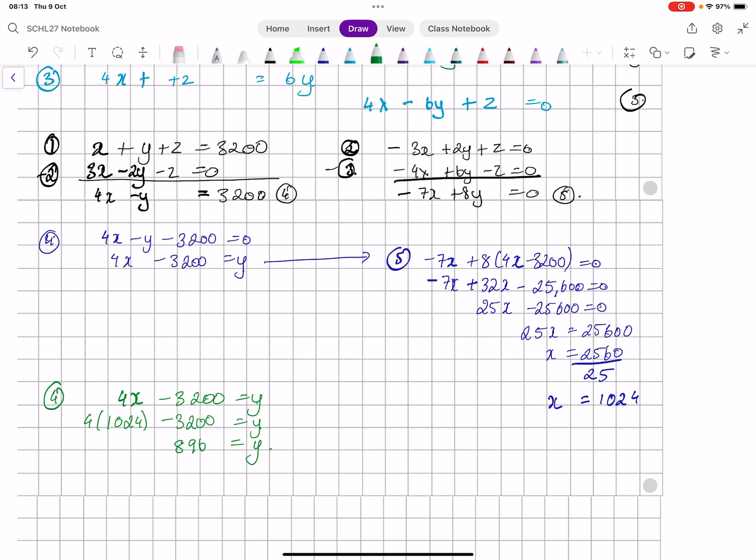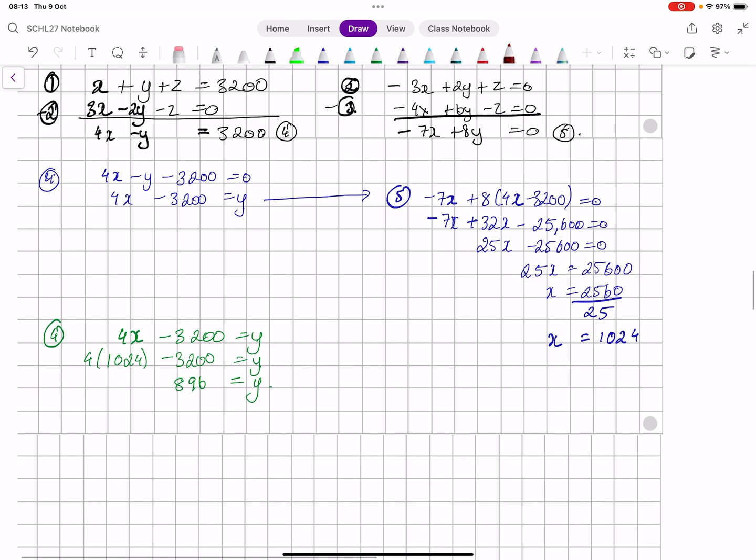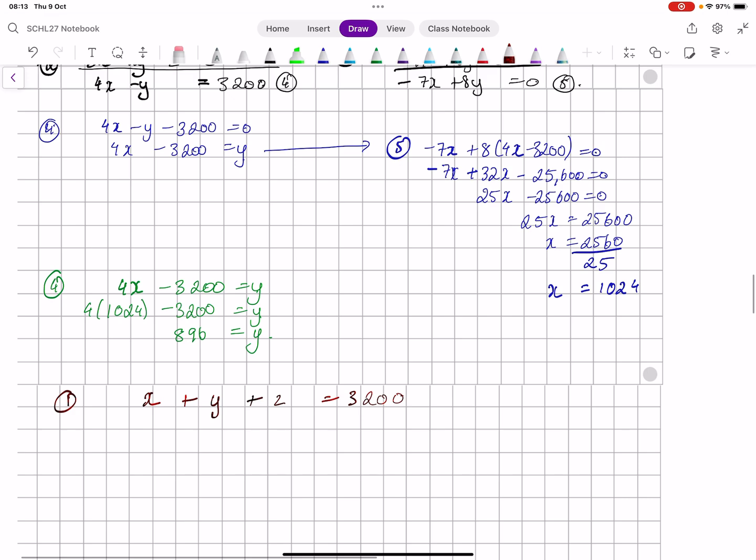And then the very last thing I have to do is evaluate my Z. So I go back to my first equation, equation 1, which was X plus Y plus Z is equal to 3,200. My X is 1,024. My Y is 896 plus Z is equal to 3,200.